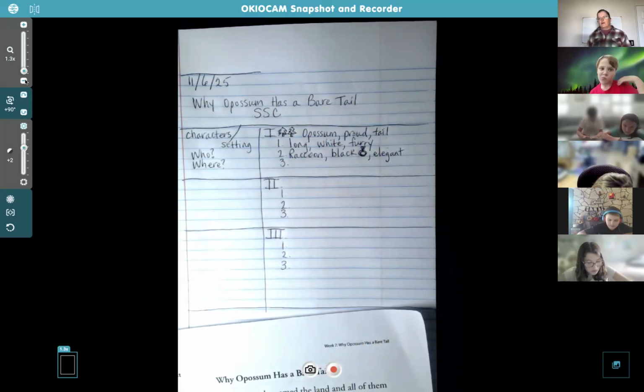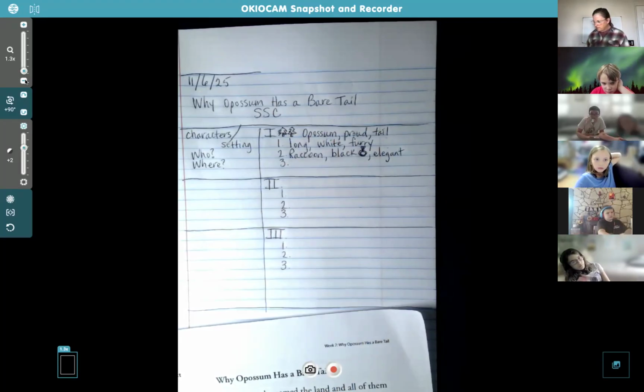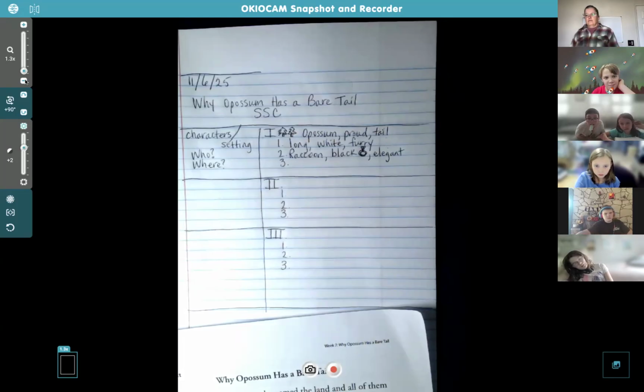And then Trevor, so Opossum looked up into the tree, right? And what did he ask Raccoon? Remember, how did he get the rings on his tail?